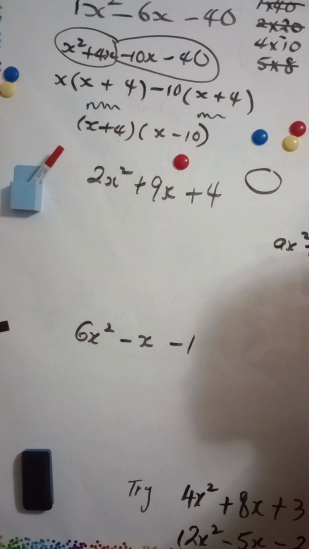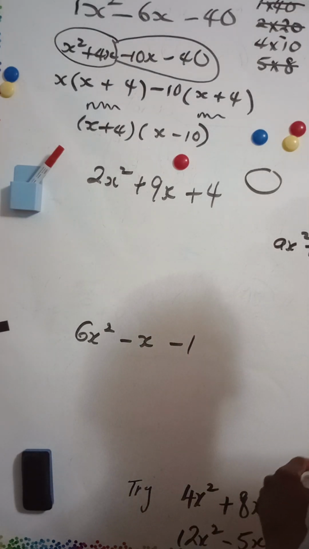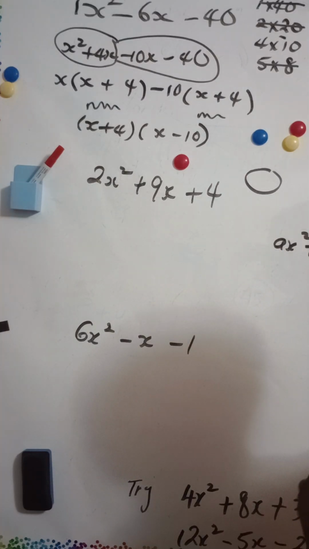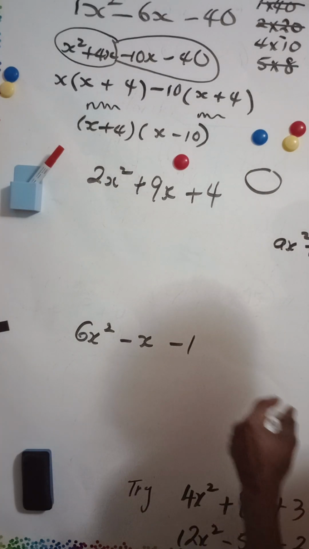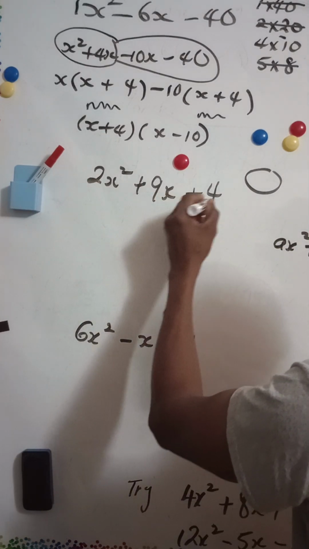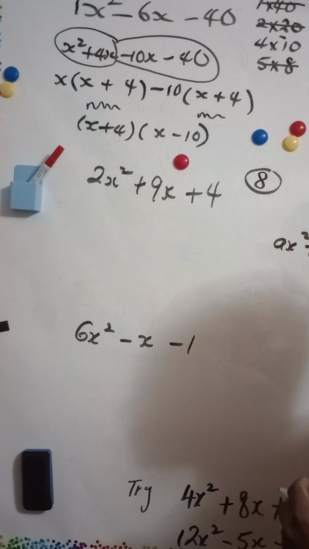Good, so please note that. We're going to multiply the coefficient of x squared by the last term, which is a constant. So we multiply a times c, which is 2 times 4, which is 8, and we put it in here, in the bubble.